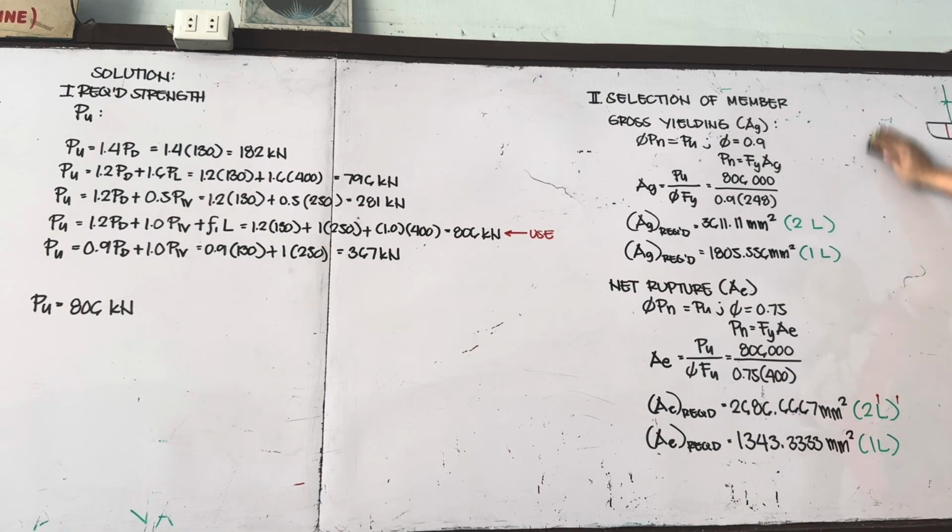Anong next na obra? So, nung first in the basis ang aton nga gross yielding. Okay, so let's have our trial. You can do tabular. Okay, since angle siya, let's have our designation.